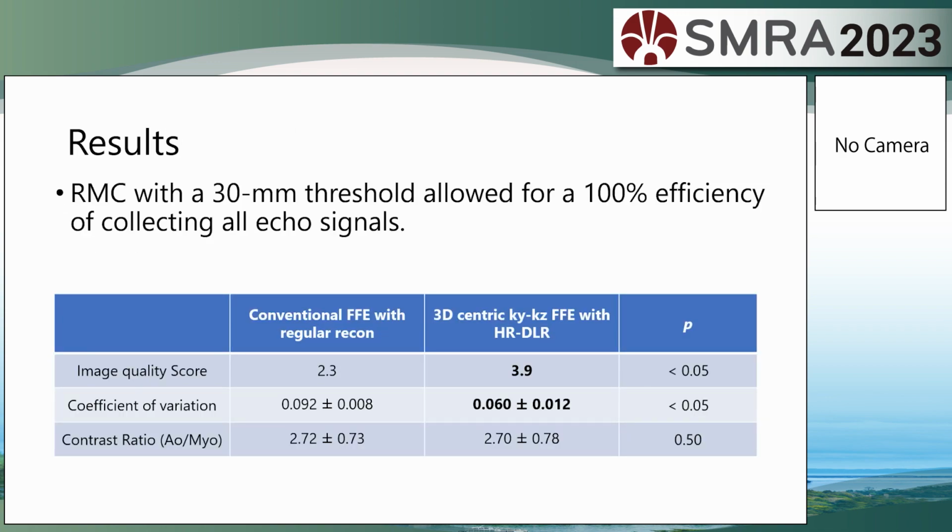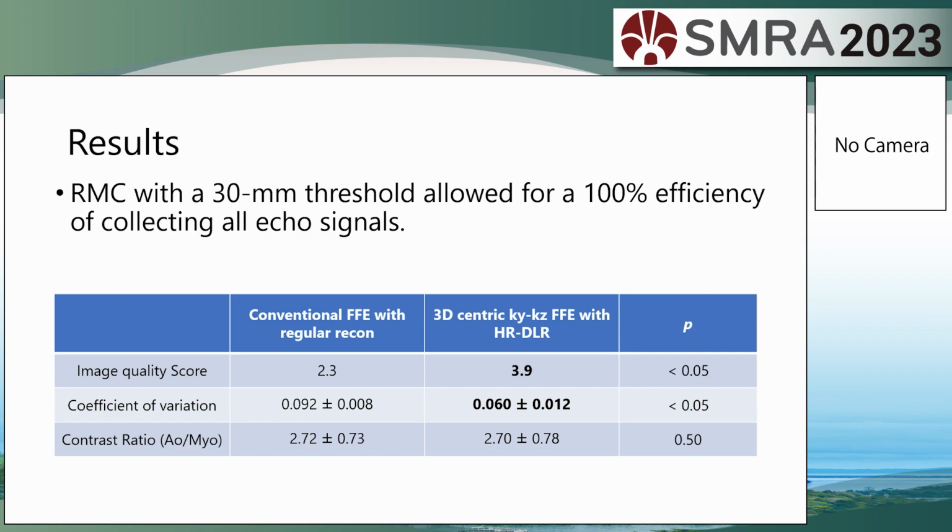Here are the results. Real-time motion correction with a 30 millimeter threshold allowed for 100% efficiency in correcting all echo signals. So we compared the conventional FFE with regular reconstruction and 3D centric KYKZ FFE with higher resolution deep learning reconstruction.